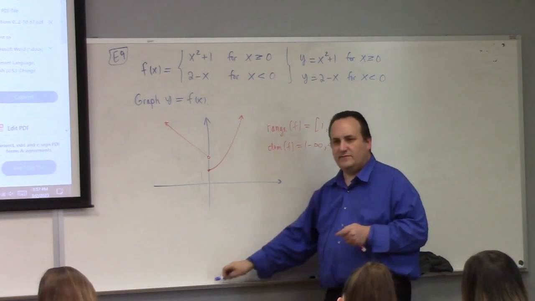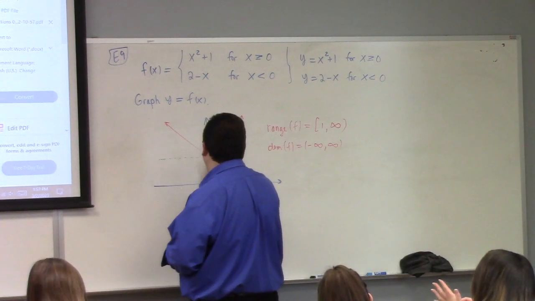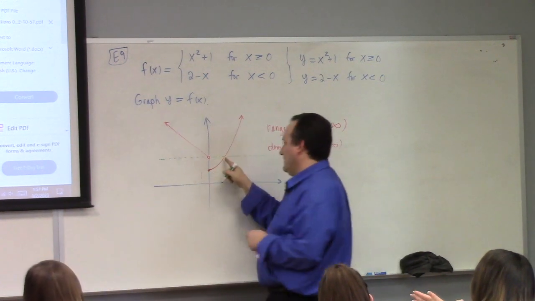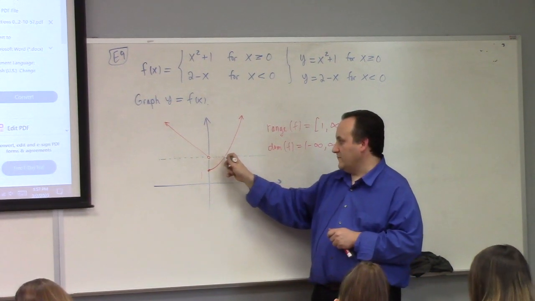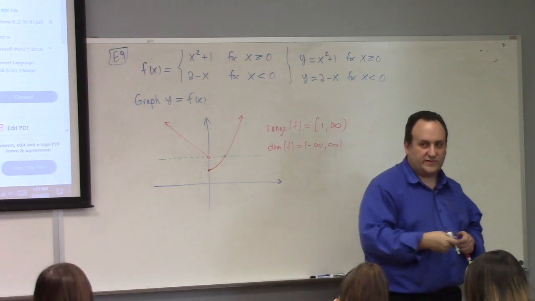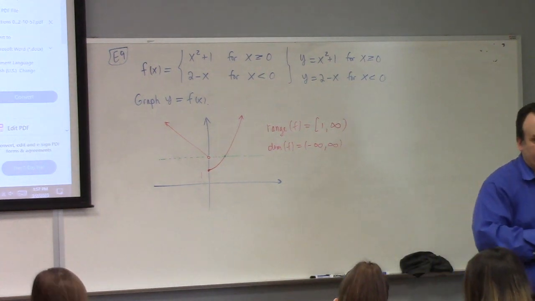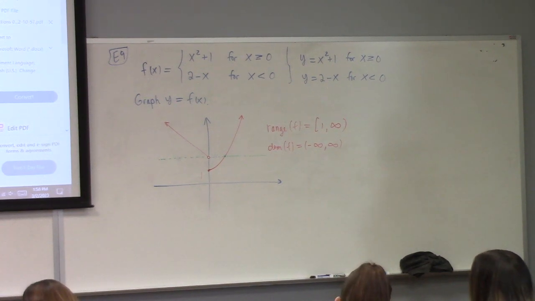You may ask, don't you have to exclude 2? What happens with 2, though? See, 2 is attained. The value y equals 2 is reached right over here. When you plug in 1, f of 1 is 2, because 1 squared plus 1 is 2. So it does hit 2 over there.